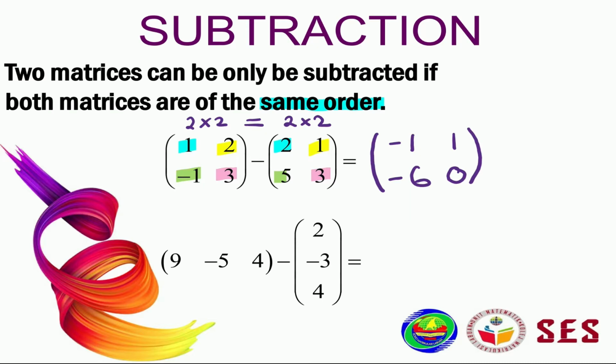Also, the product has the same order. So we look at the second example. As you can see here, both matrices do not have the same order, therefore it cannot be subtracted.